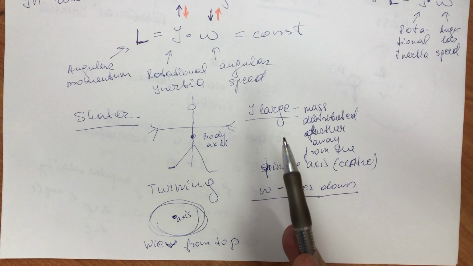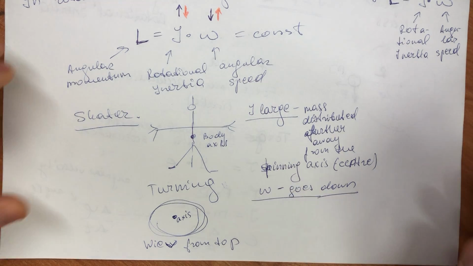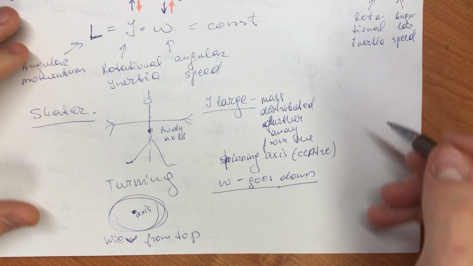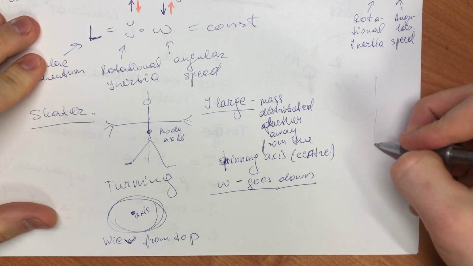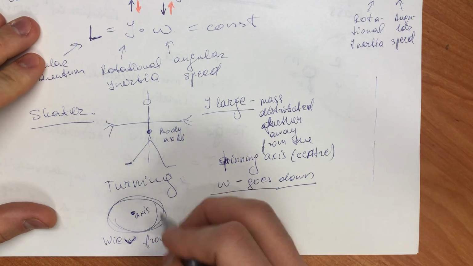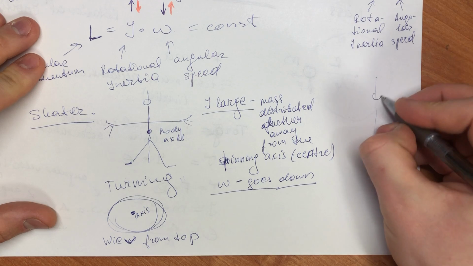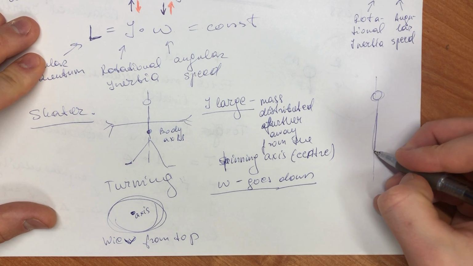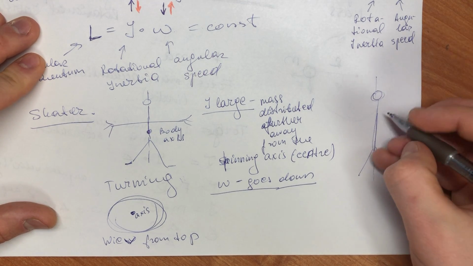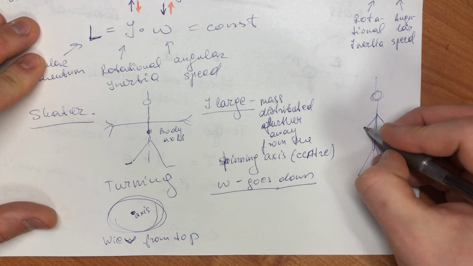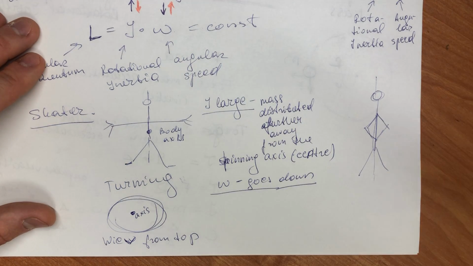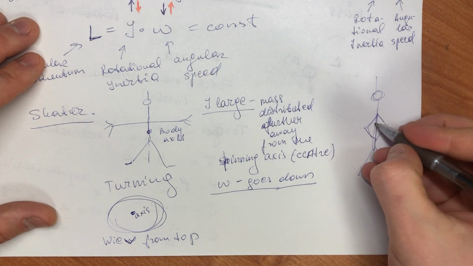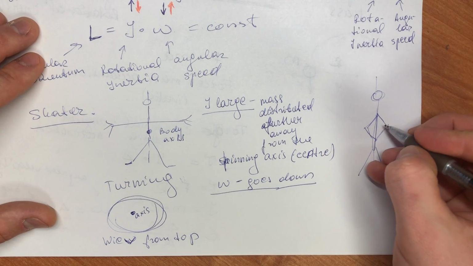Now in a different case, with the same axis, what does the skater do? The skater brings his hands close to the body. So what happens?